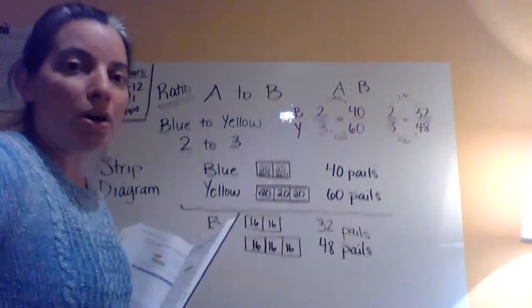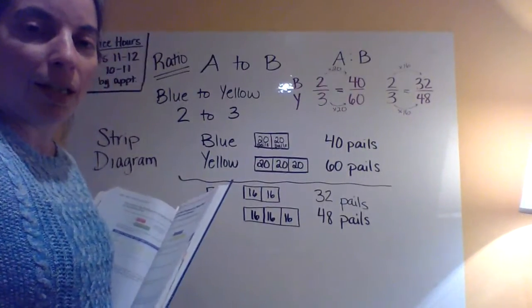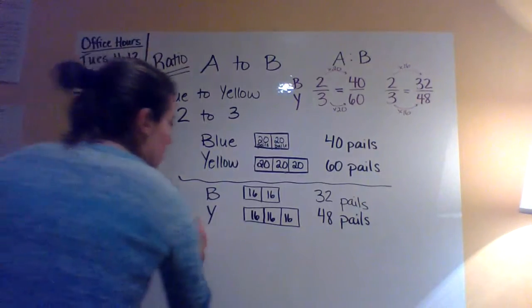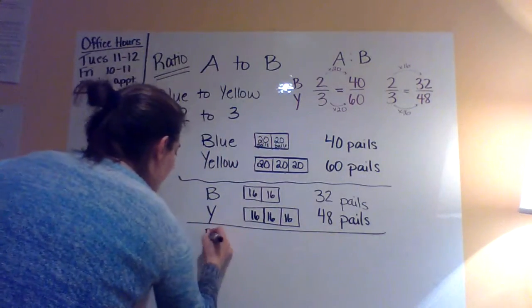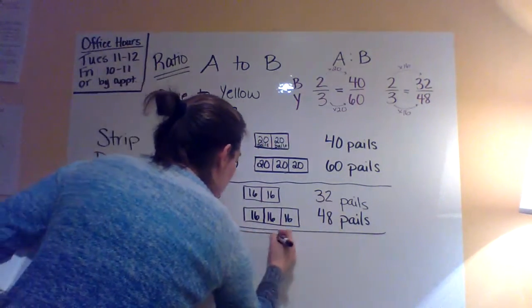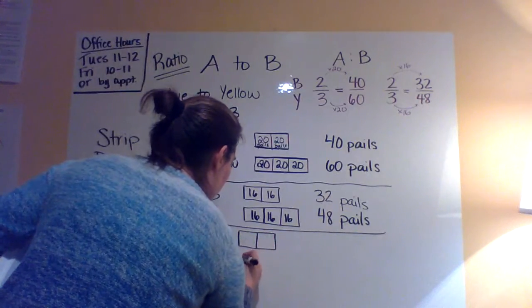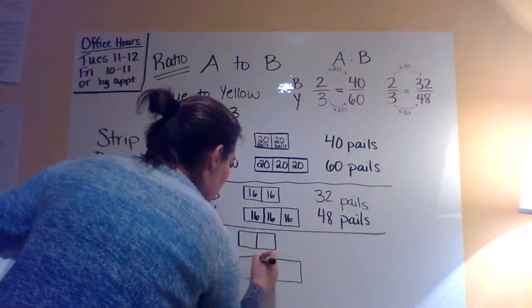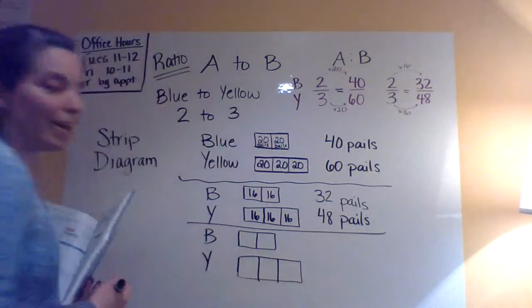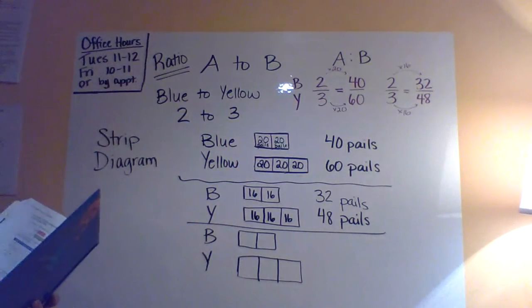Okay, last part of this, same paint, is I have my blue and my yellow in the ratio of 2 to 3. And what I know now is a little different.